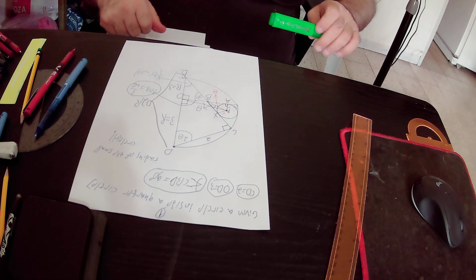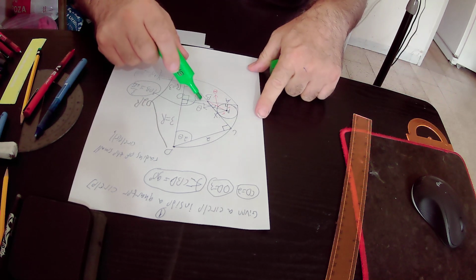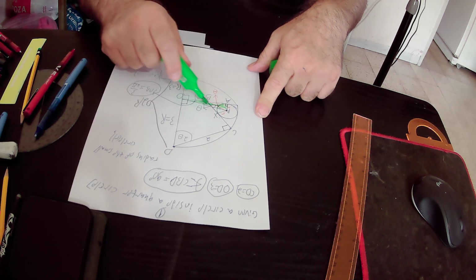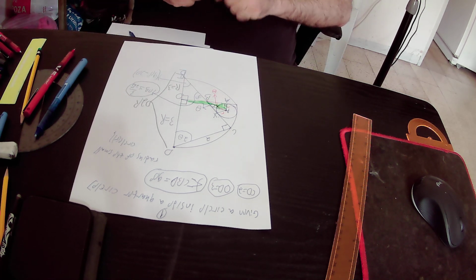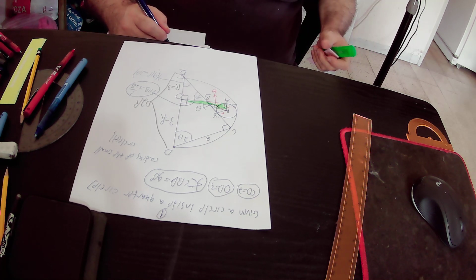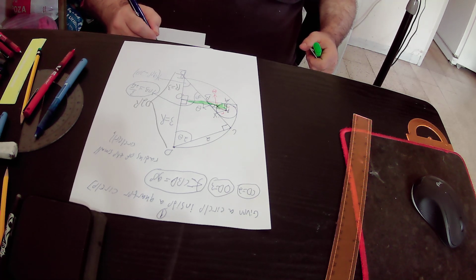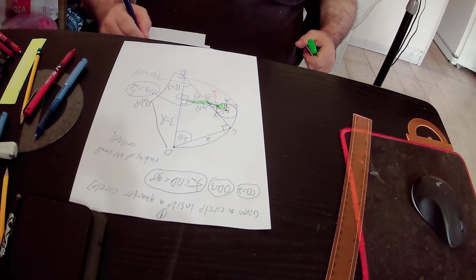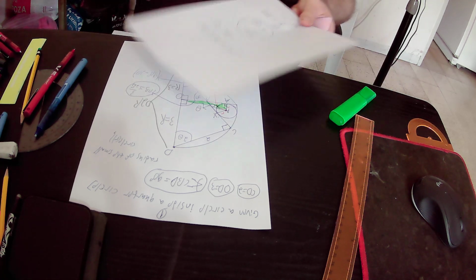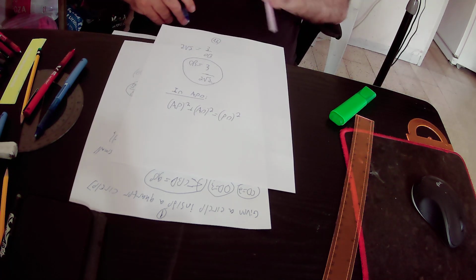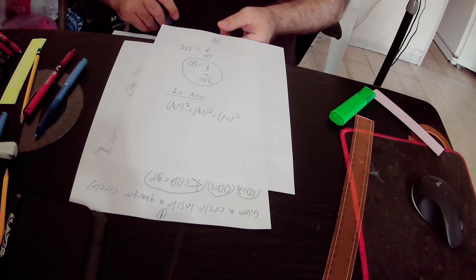In the right triangle APO, in the green color, according to the Pythagoras theorem, AP square plus AO square equals PO square.